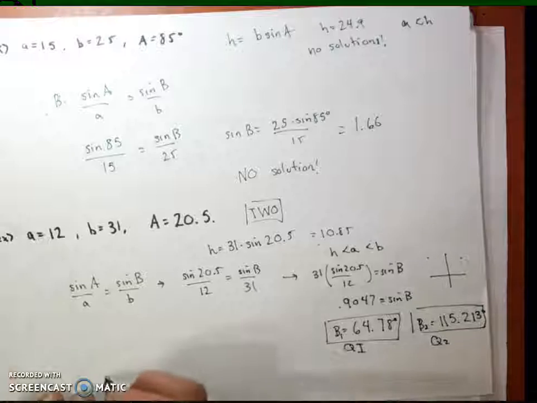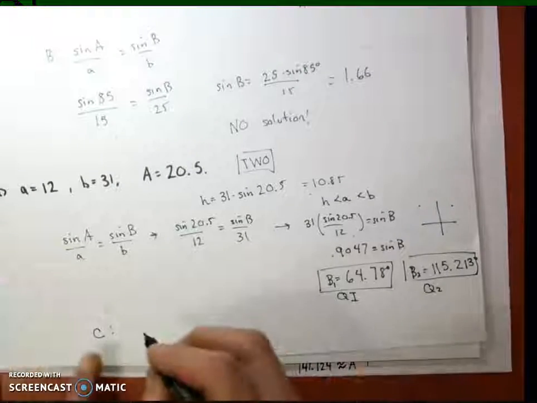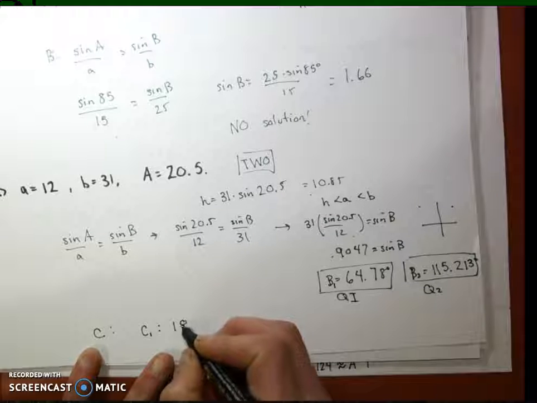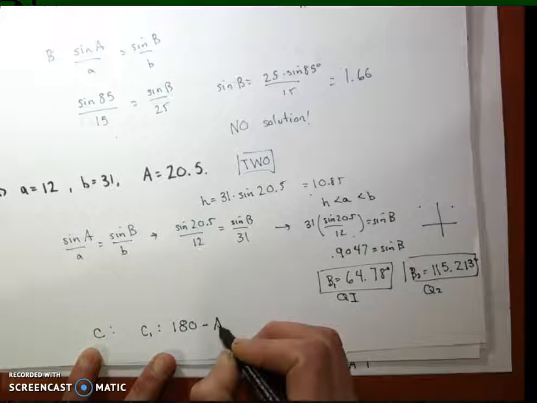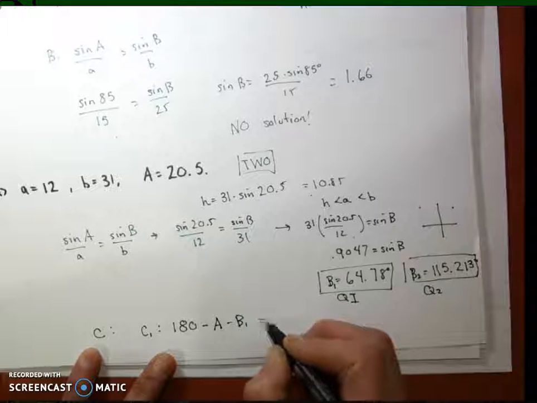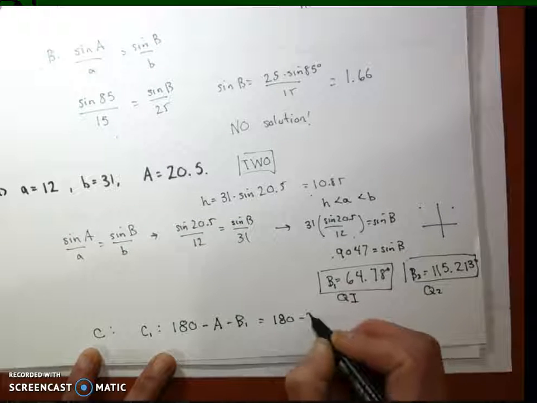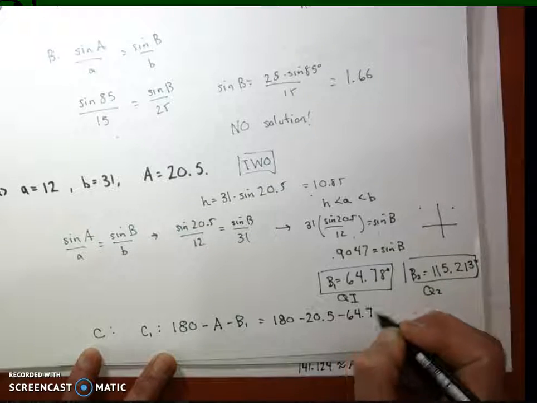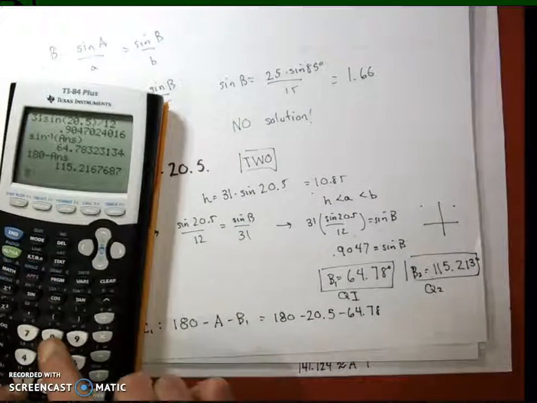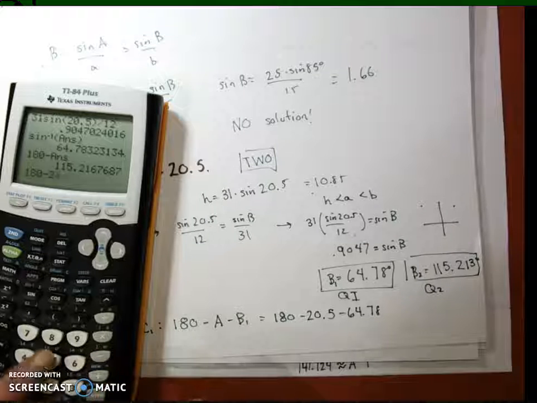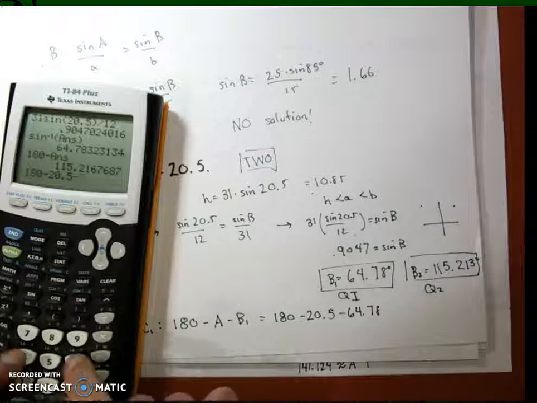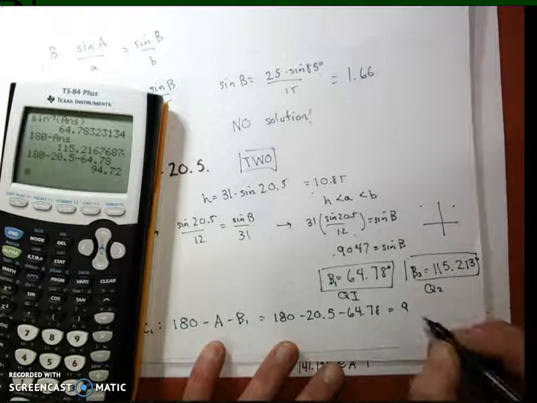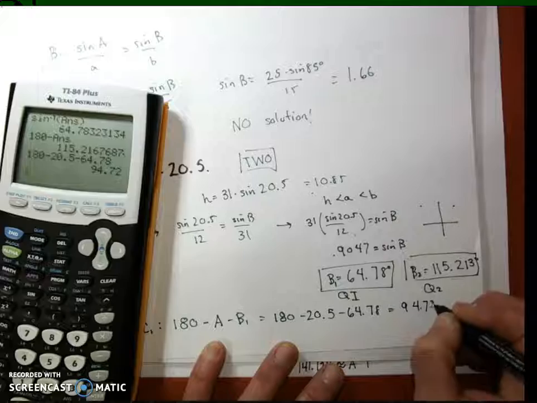So now if I try to find C, I'm going to end up with two possibilities. Let's do C1 first. We get that by doing 180 minus A minus B1. So that's 180 minus 20.5 minus 64.78. And that tells me that C could be 94.72 degrees.